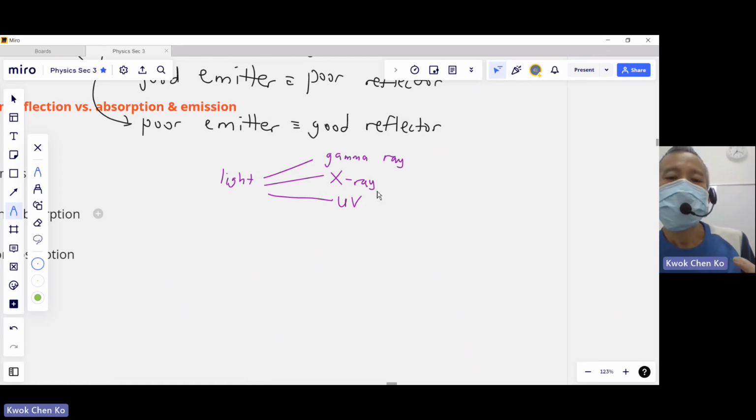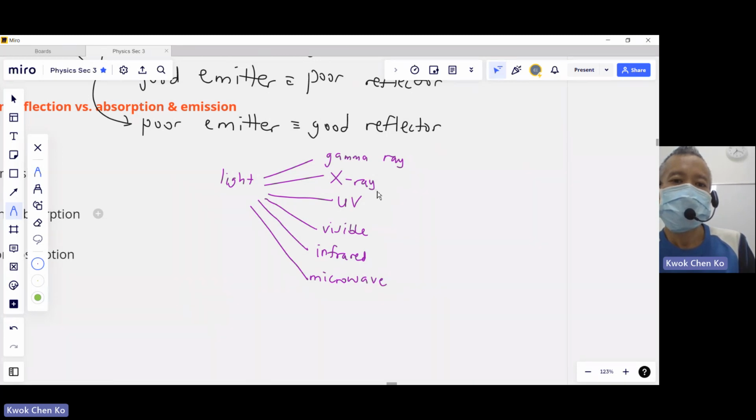You have visible light, which you see every day. You have infrared. You have microwave. You have radio waves. They are all considered light.